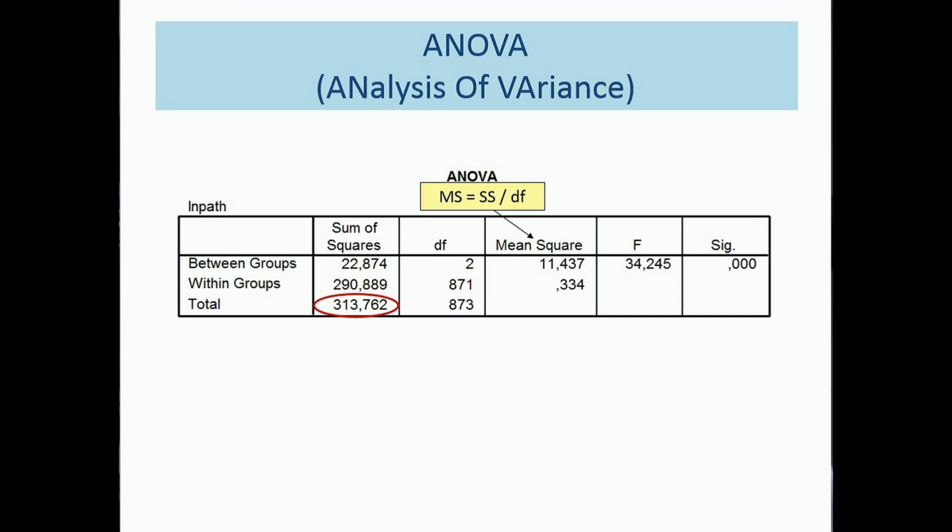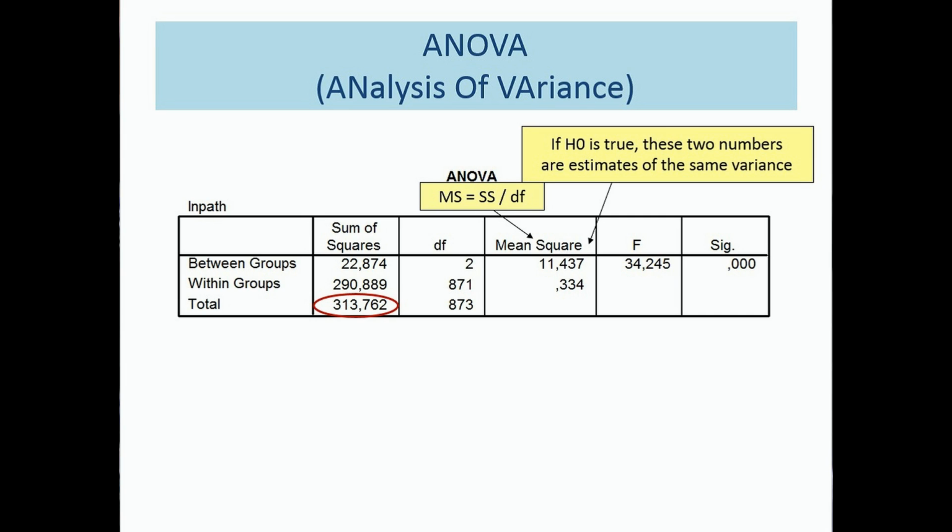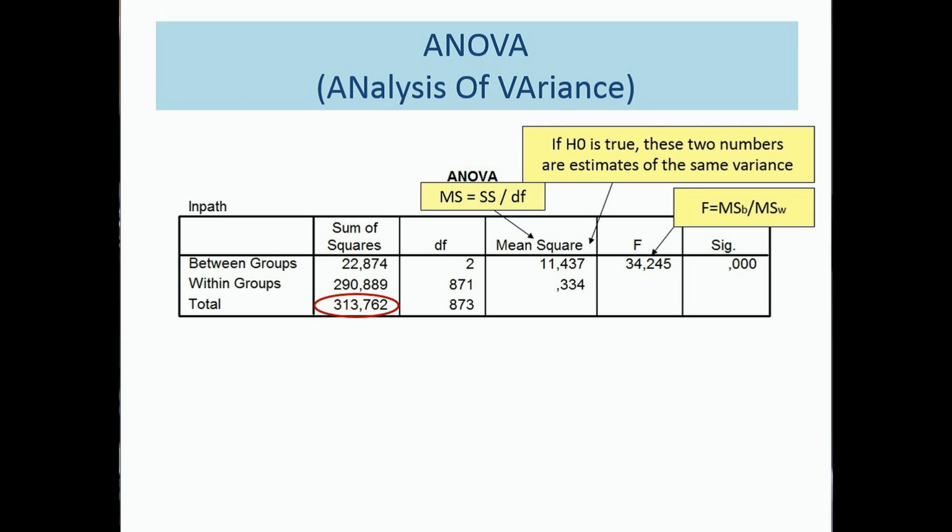If we divide a sum of squares by the corresponding degrees of freedom, we get the column mean square. If the null hypothesis is true, both mean squares are estimates for the very same variance. The ratio between the two mean squares is calculated and given in the column with heading F. 11.4 divided by 0.33 is almost 34.